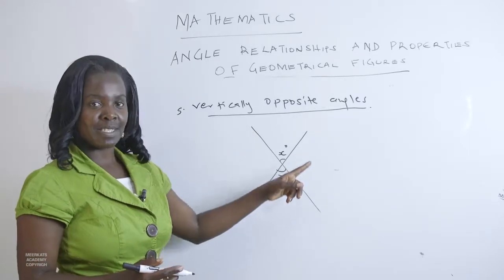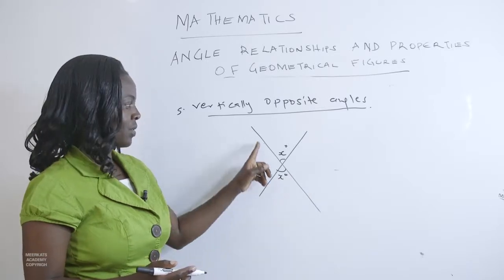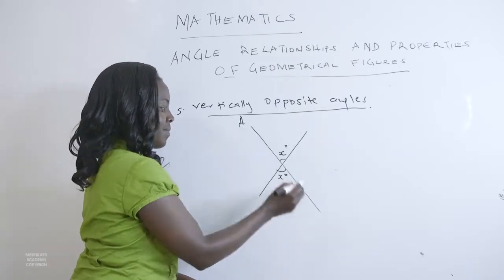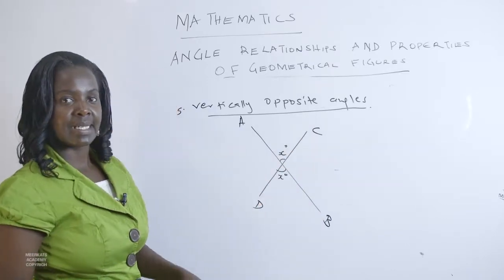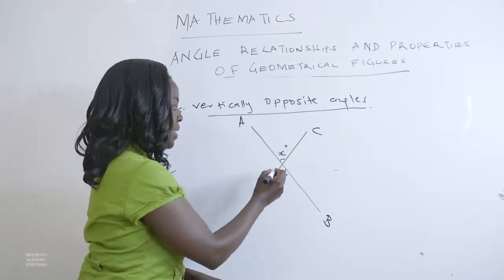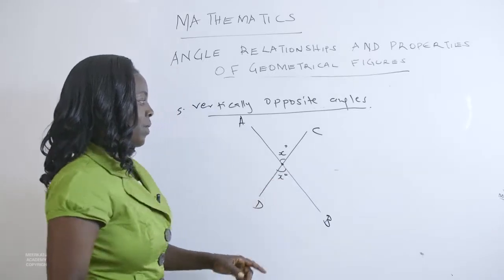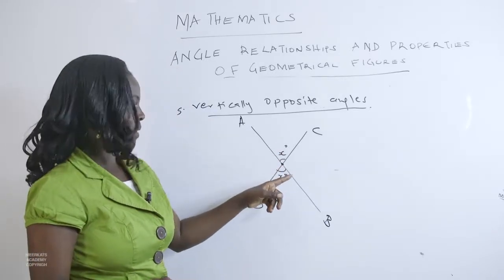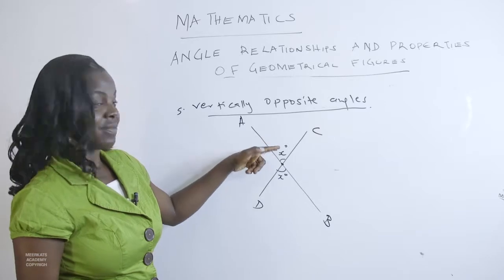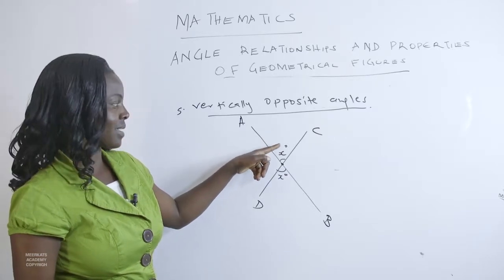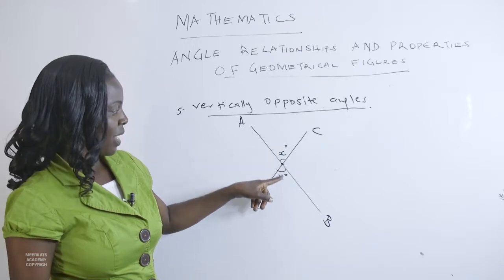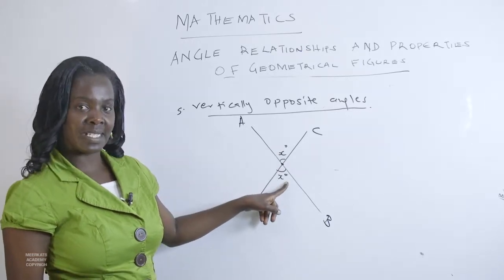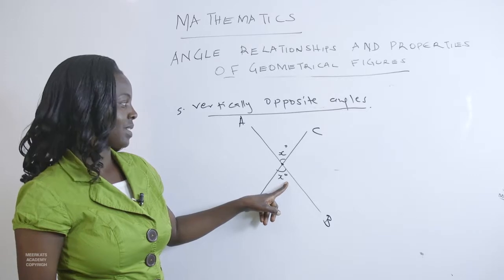When two straight lines meet, we have two straight lines, line AB and CD. When they cross at this point, angles are formed. We have angle X measuring X degrees, and this one is also measuring X degrees. These two angles are called vertically opposite angles.